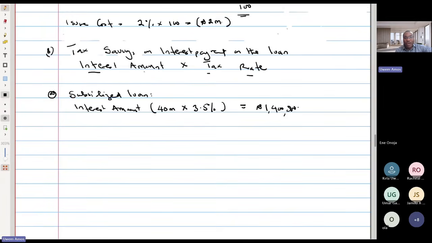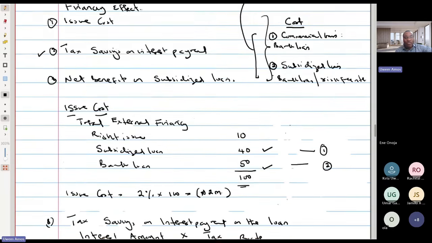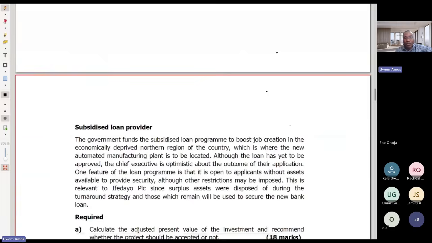Our tax savings is our interest amount multiplied by the tax rate. So let's multiply by the tax rate. Well, the tax rate, I think it's 20%, but let's quickly reconfirm that in our question.